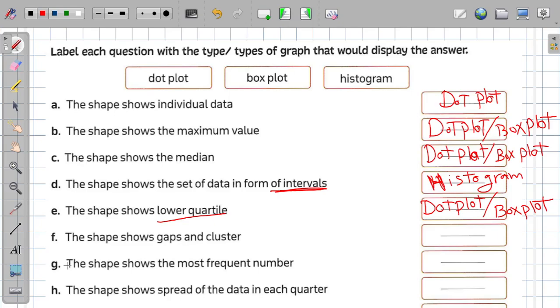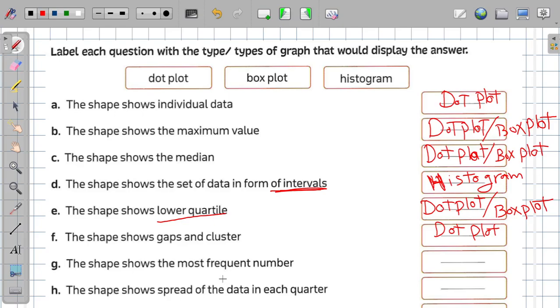Next, I want to know the shape that shows gaps and clusters. I think we have only one way, and I think it's the dot plot, because it's the only way that shows gaps and clusters.